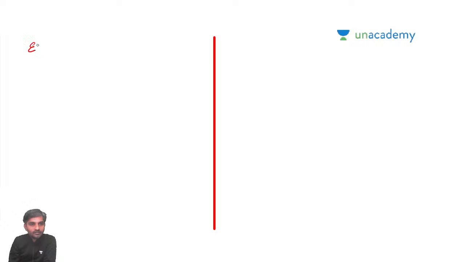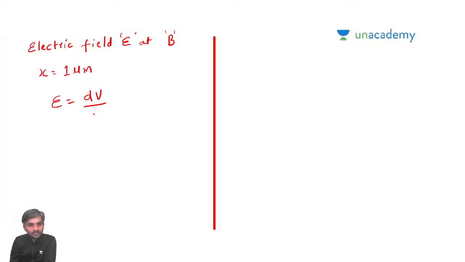Now the electric field E, this is very important, at B, that is x is equal to 1 micrometer. Simply remember that electric field E is equal to dV by dx.